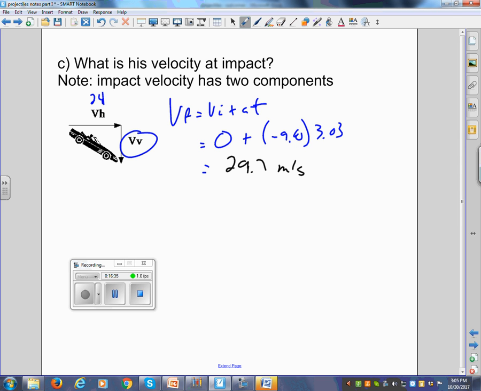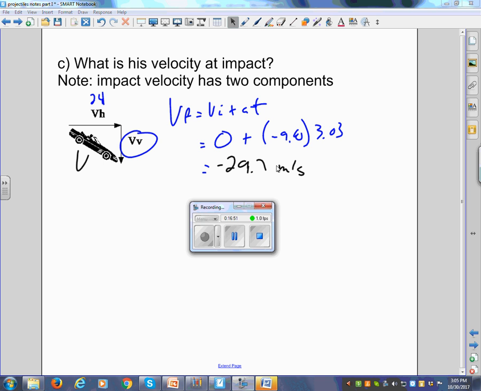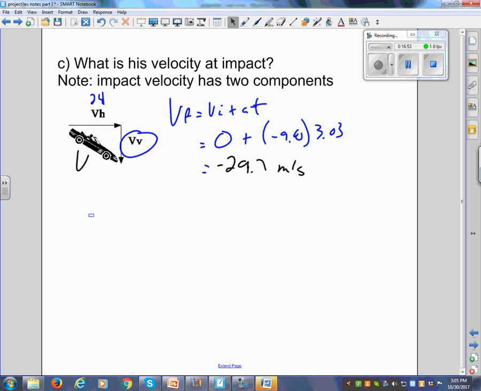Okay, now, what's the impact velocity? What do I have to do? It should be negative, sure. Got to use some Pythagoras, right? So V squared is equal to VH squared plus VV squared, or 24 squared plus 29.7 squared.